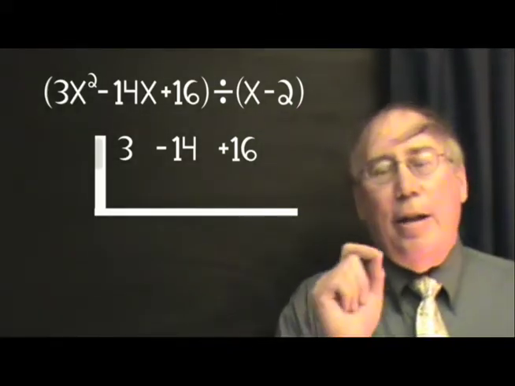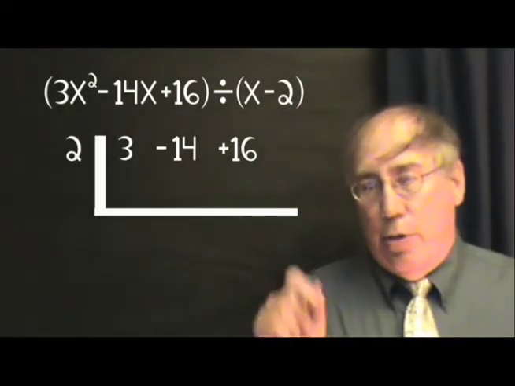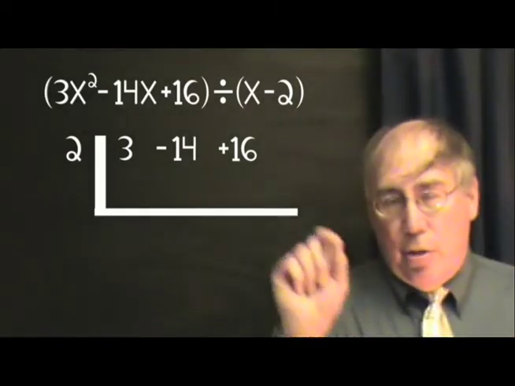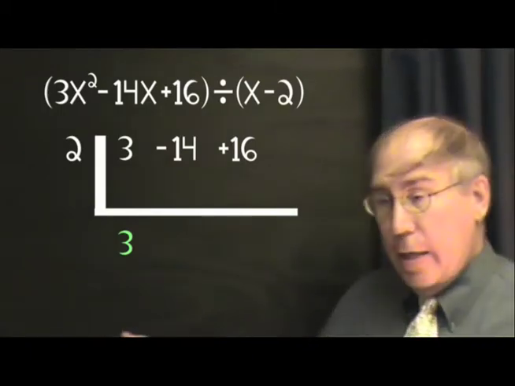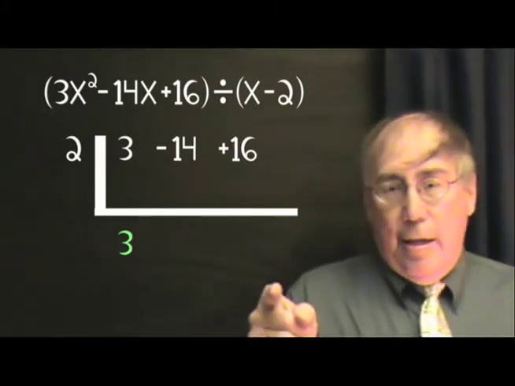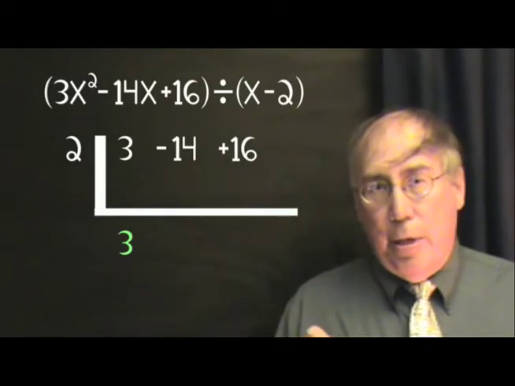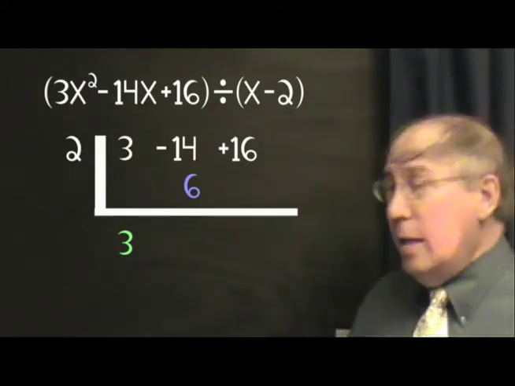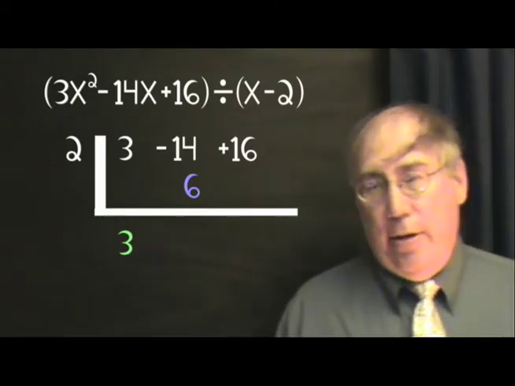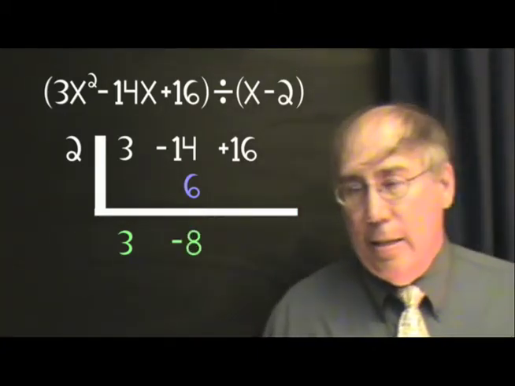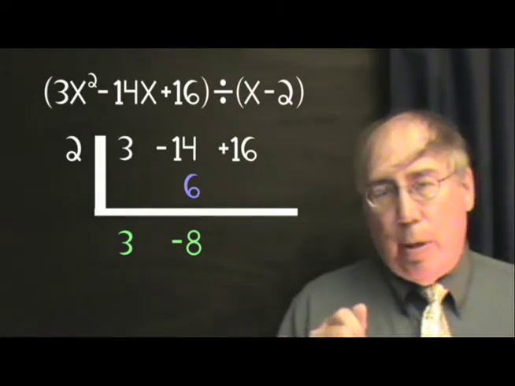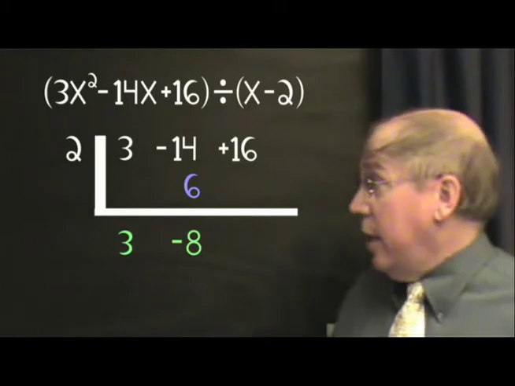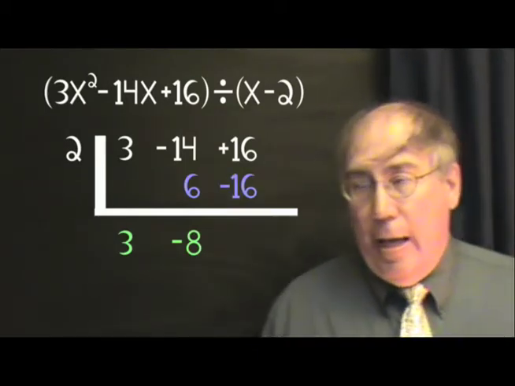Now we're going to take the additive inverse of our divisor, which would be plus 2, and what we're going to do is drop down the 3, represented by that green 3 there, and multiply 2 times the 3, we'll get 6, and then we're going to add the negative 14 and the 6 together, and we'll get negative 8, and then we're going to multiply the 2 times the negative 8 and get negative 16, put that under the plus 16, and we'll get 0.